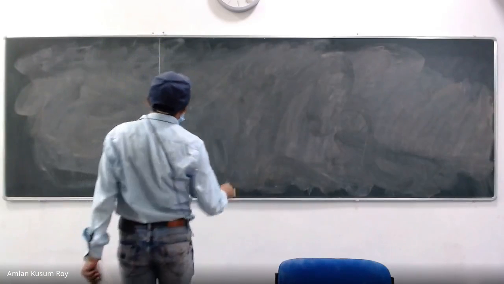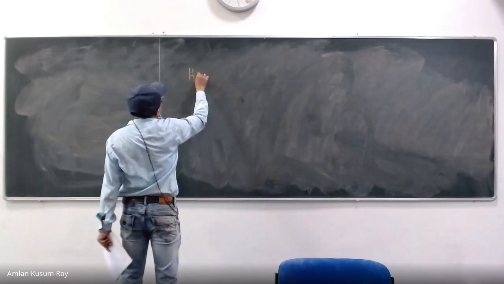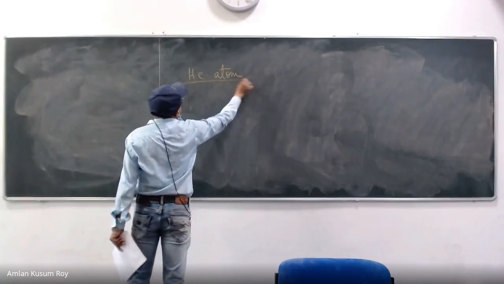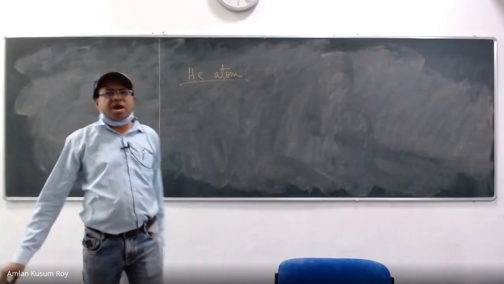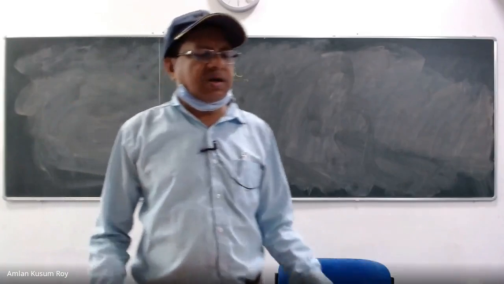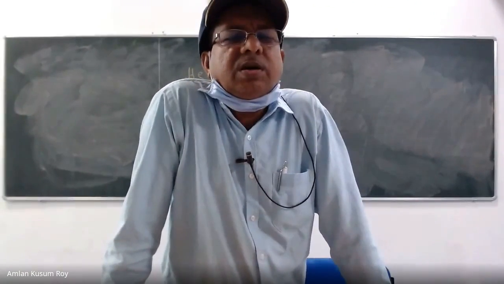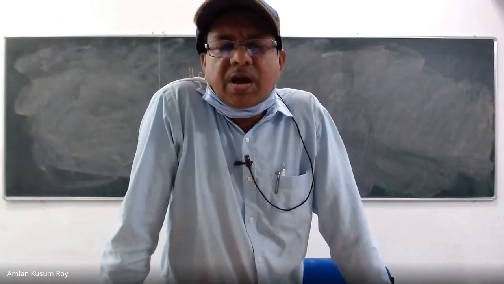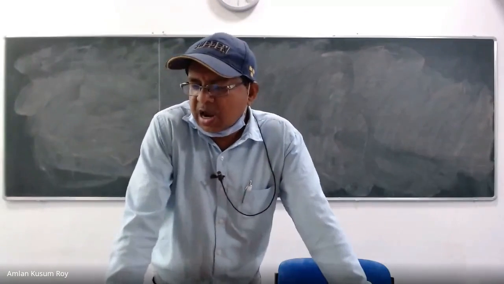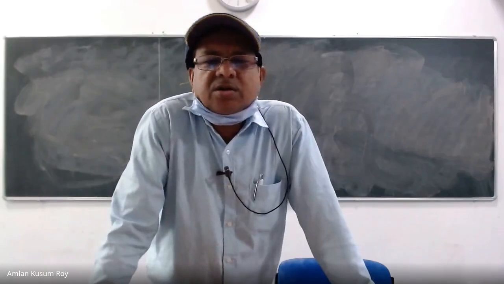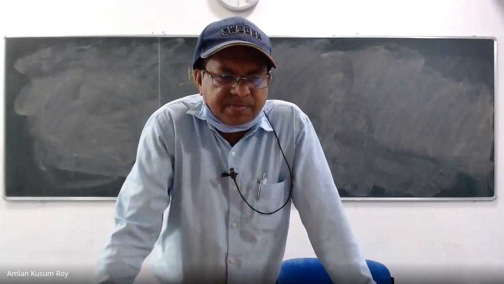So the second problem that we'll do is perturbation theory applied to the helium atom problem. The ground state of the helium atom has a configuration called 1s2. It's a two-electron problem, and you know that two-electron problems cannot be solved exactly.